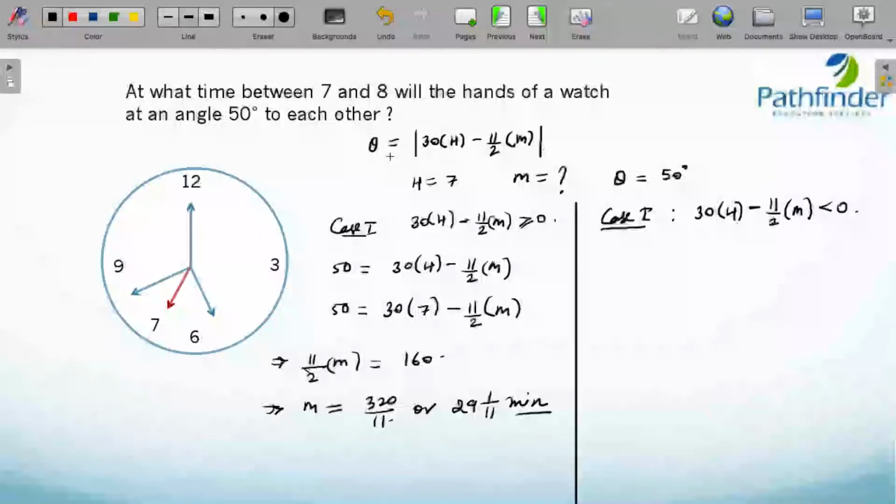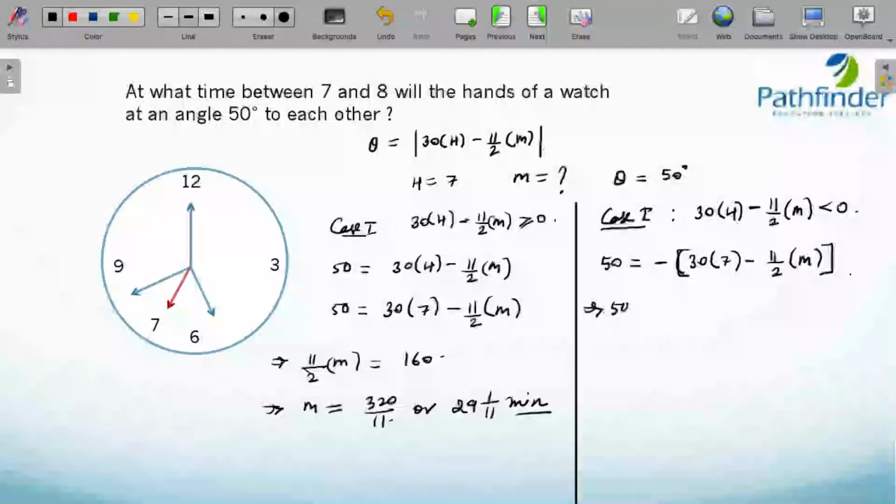So when it is less than 0, we open the mod sign and change the sign. So what we'll get is 50 must be equal to minus of 30 times 7. We have opened the mod bracket now. Minus 11 by 2 times m. That's what we've got.